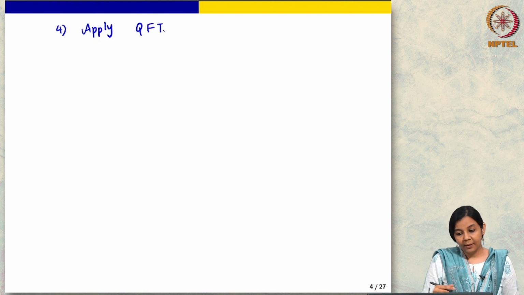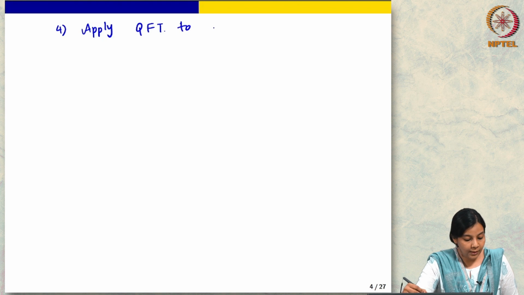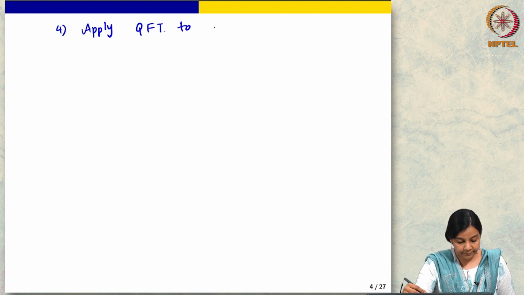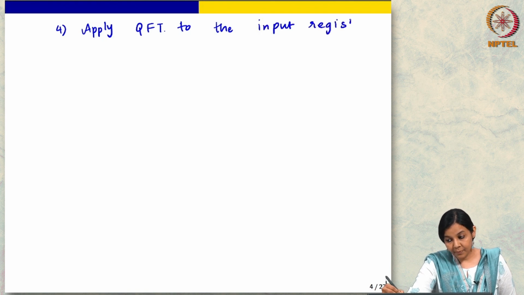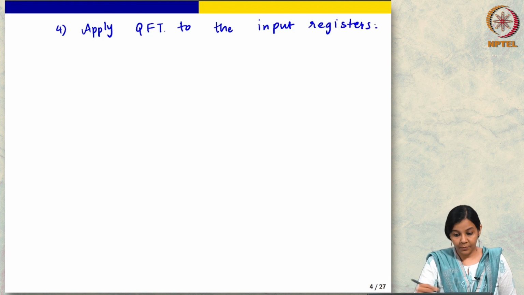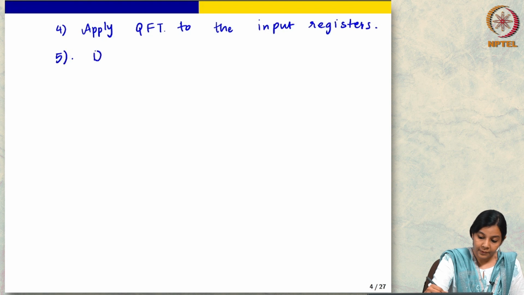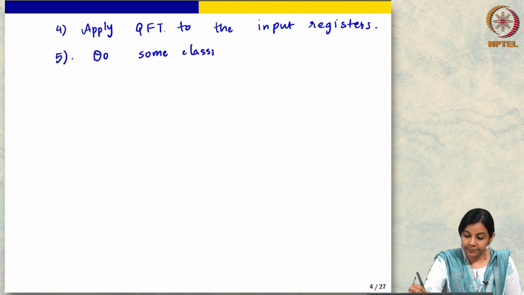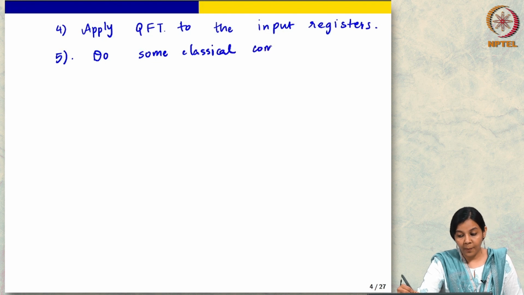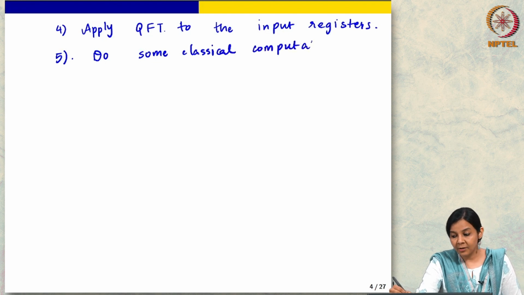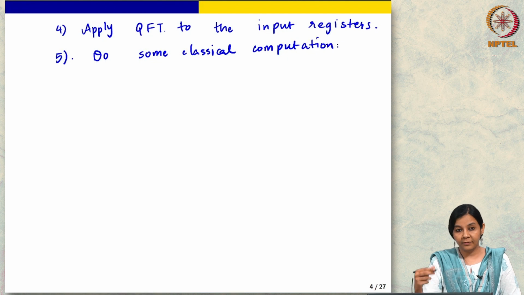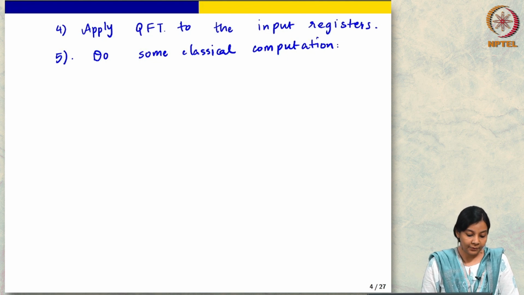Apply QFT to the input registers, and then do some classical computation. We'll get to that, but we already talked about it. This classical computation is actually just going to be find the GCD and repeat this a few times.